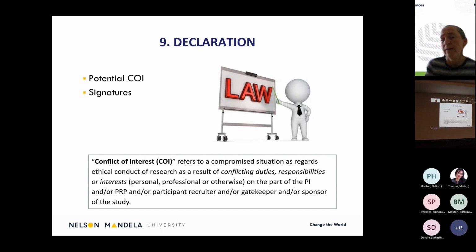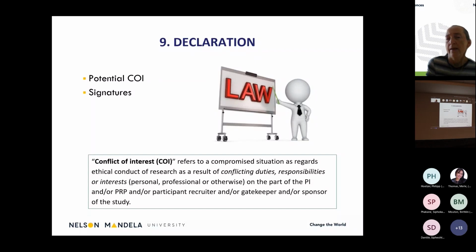There's huge harm to be done if we are hiding, if we are not being open. So there's very little risk to declare a conflict of interest. People understand, you're open, and then you can do the study without any hesitation.